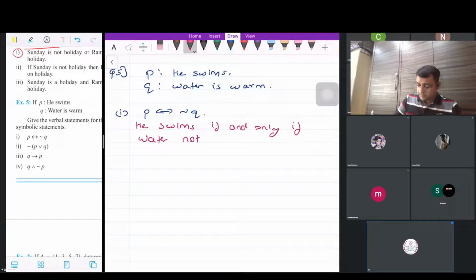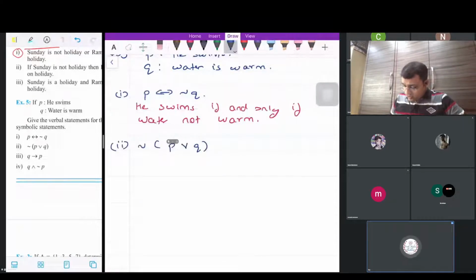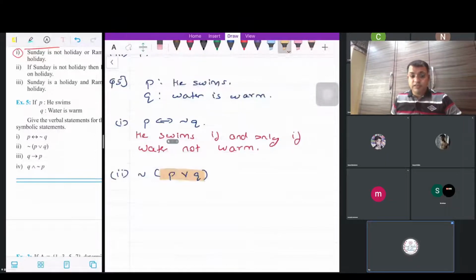Not warm. So easy. Over here, this bracket is indicating that he swims or the water is warm. But the thing is, before that we are given a symbol of negation. So negation indicates it is not true.